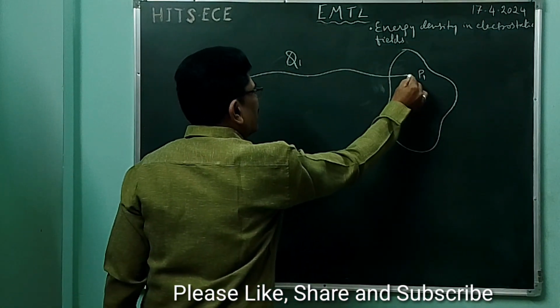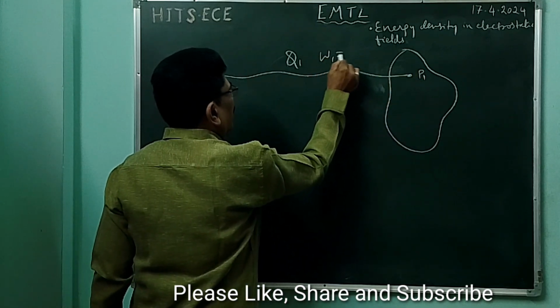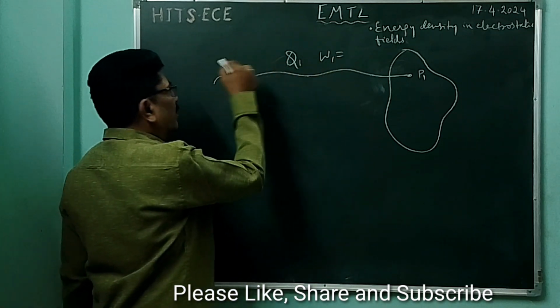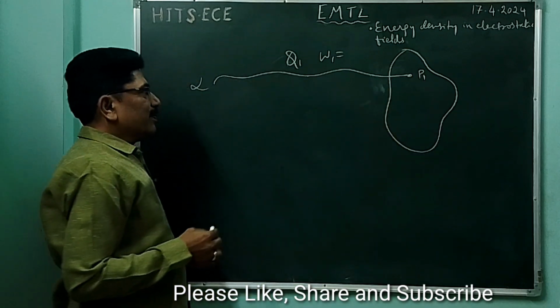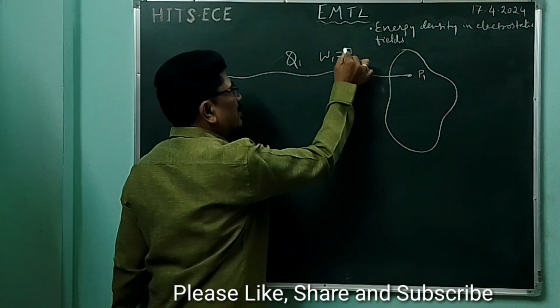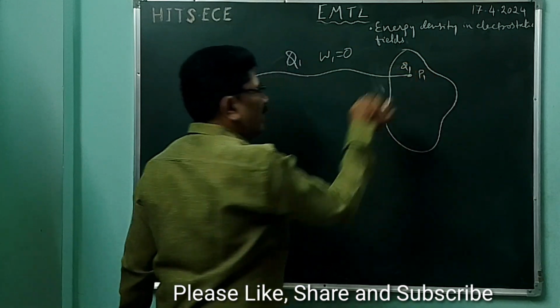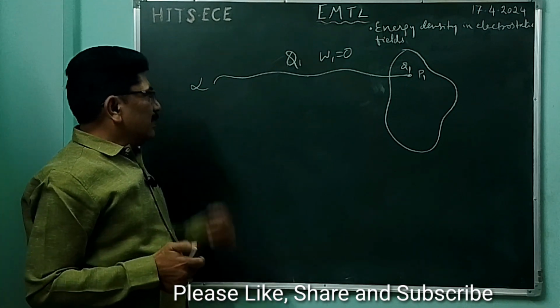So the work done W1 in moving charge Q1 from infinity to position P1 will be 0. When Q1 is available, an electric field will be generated due to Q1.